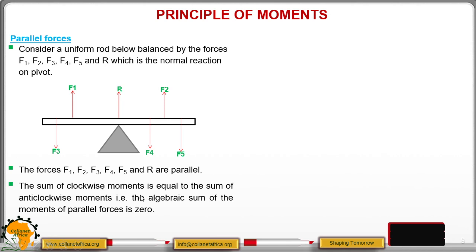Then we have the sum of clockwise moments is equal to the sum of anticlockwise moments. That means the sum of the moments of parallel forces is 0. So if I add the forces on the upper side plus the forces on the lower side, I should get 0.